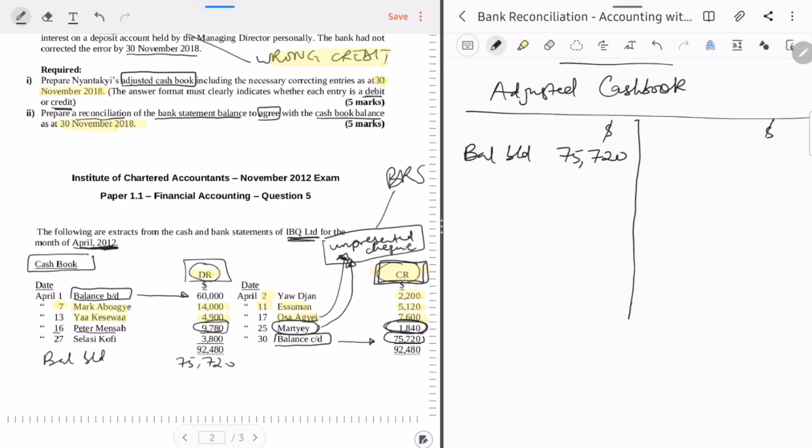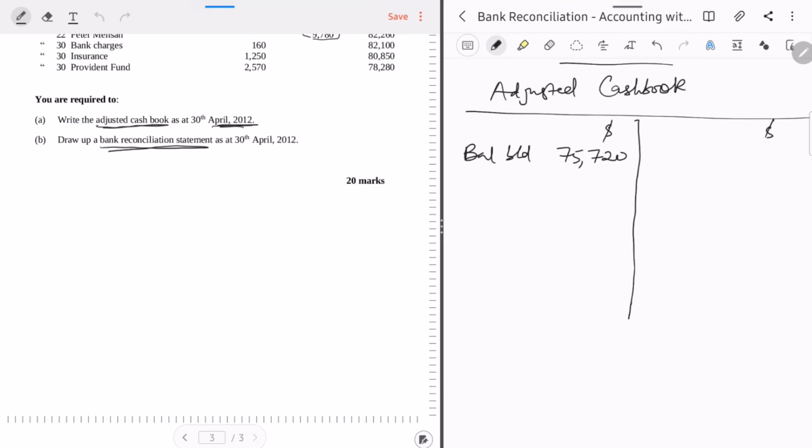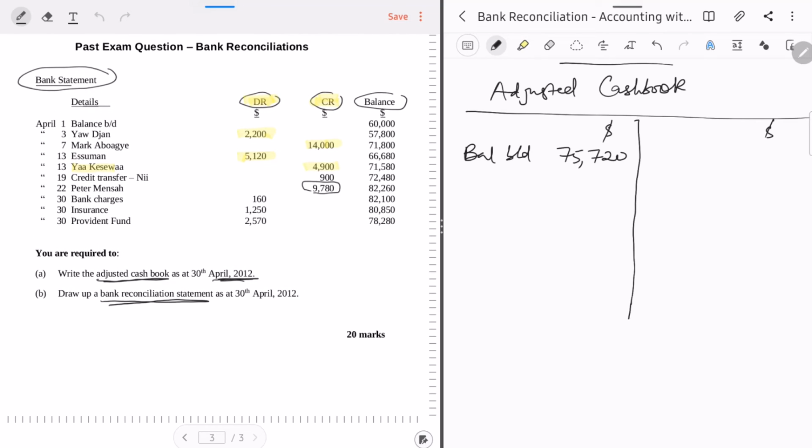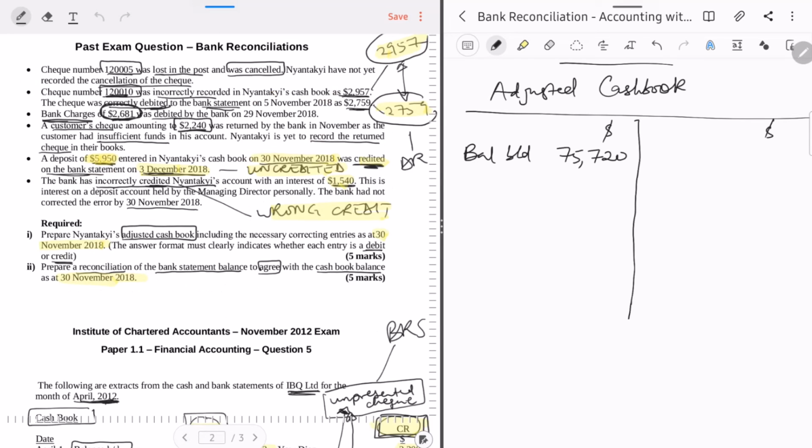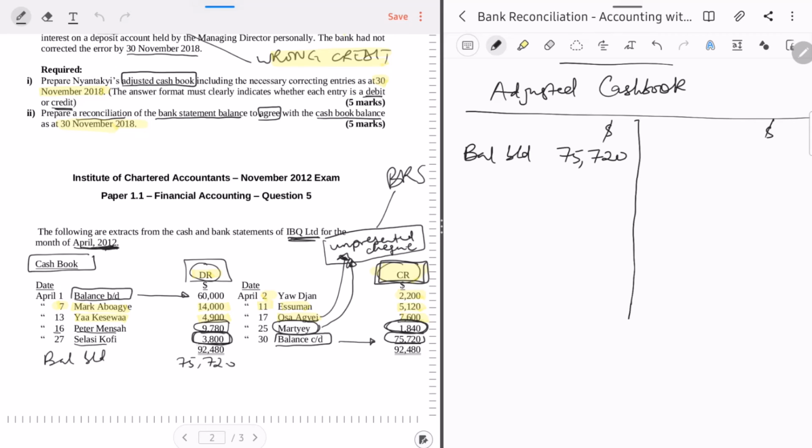All right, let's continue. Then we have Selassie Kofi of 3,800 debit in my books. So it means it must be a credit in the bank statement. So let's go to the credit side to see if we see 3,800. Credit side, nope, there's no 3,800 here, as you can see, right? So what would you call that? Anyone wants to guess? This is someone we have debited in our books. Means we have increased our bank balance.